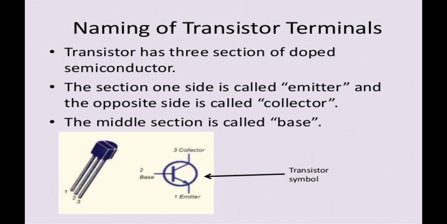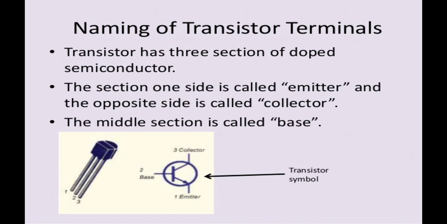How do we identify the P type or N type material? Anyone knows? Okay, see here, if the arrow on the emitter terminal is outward, going to the outside, then this transistor is an NPN transistor.